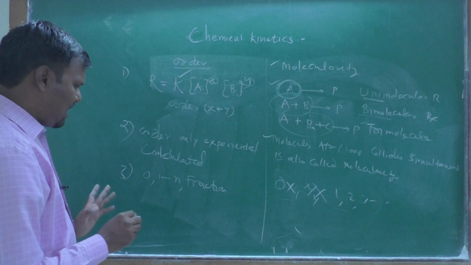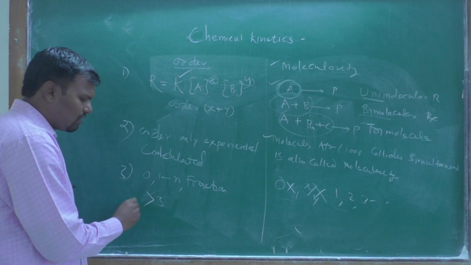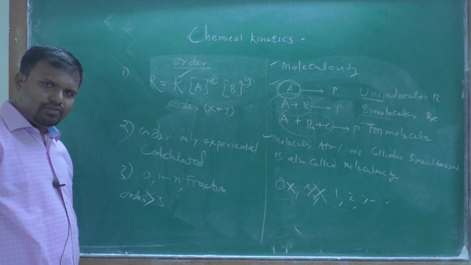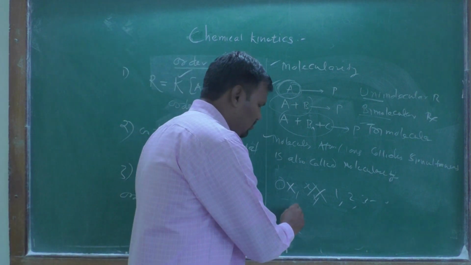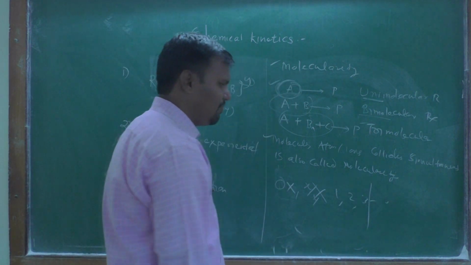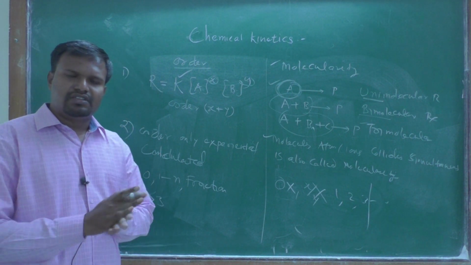Order can be more than 3: 4, 5, any nth order is possible. But molecularity is not possible beyond 3. Only a trimolecular reaction is possible.